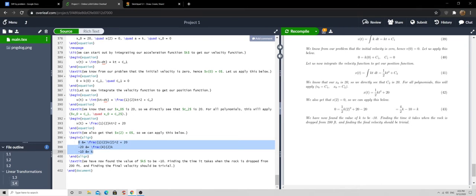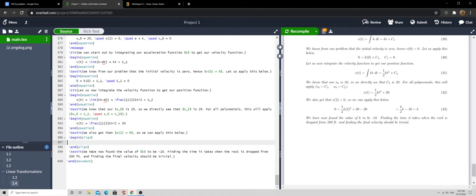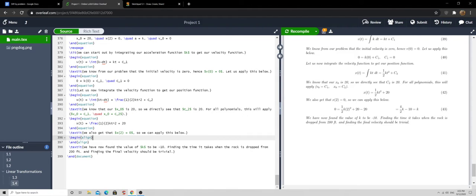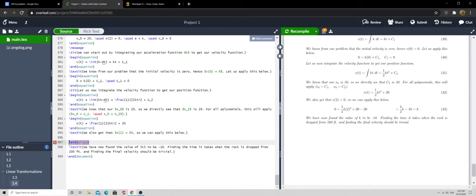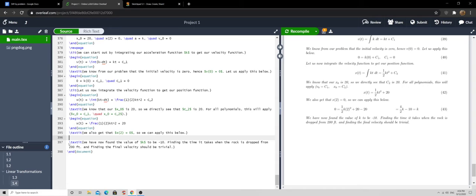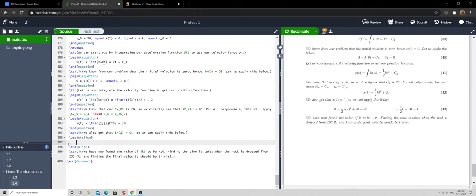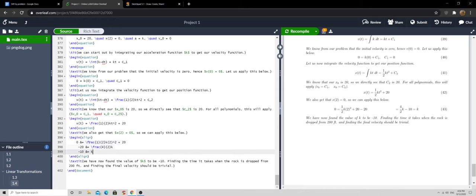Okay, so I'll just retype this out. Usually I don't get issues like this. Backslash begin align, and then type this out.